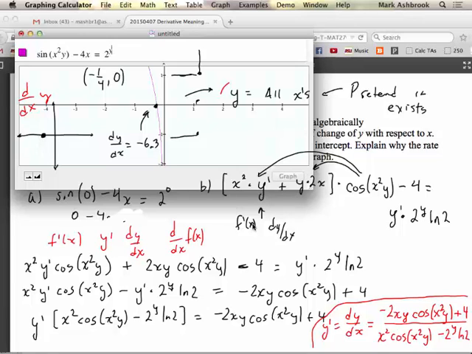What does that mean? Tell the person next to you. We should have this by now. It's the rate of change of y with respect to x. What does that mean, negative 6.3?